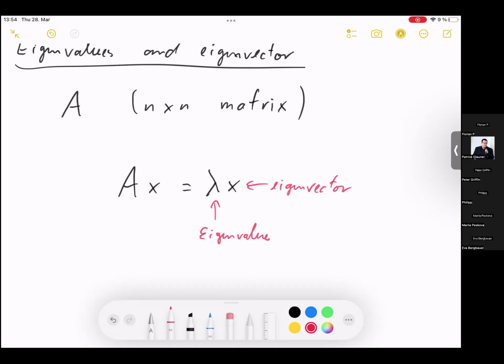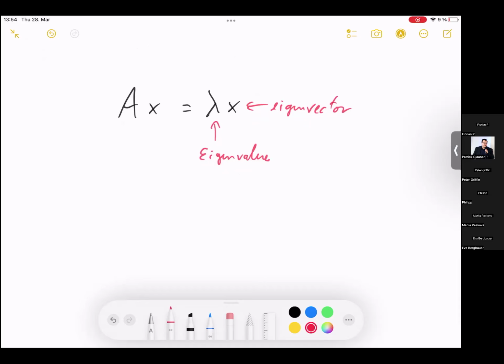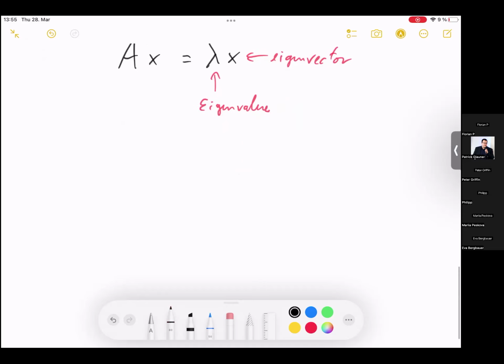And we will now see what this is actually useful for. It's very important, not all square matrices have eigenvalues and eigenvectors. There are all sorts of interpretations of what eigenvalues and eigenvectors are useful for. We can look at an example.